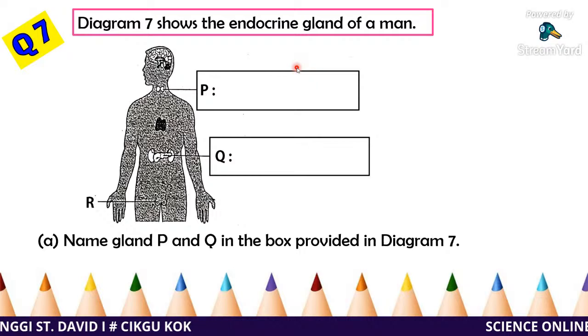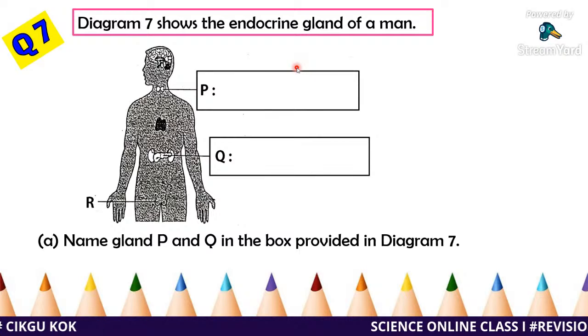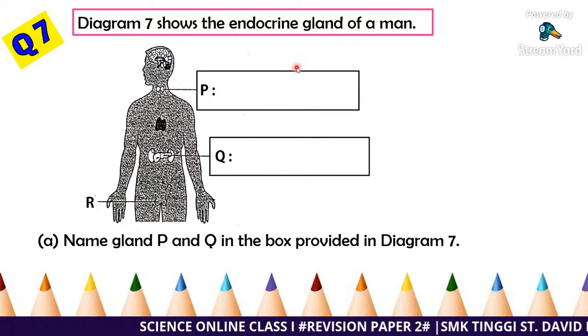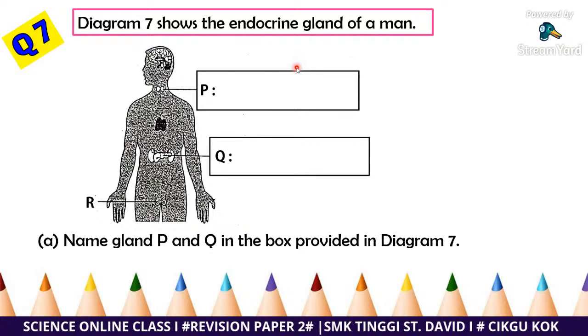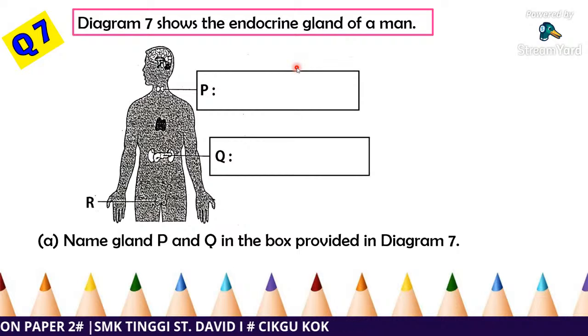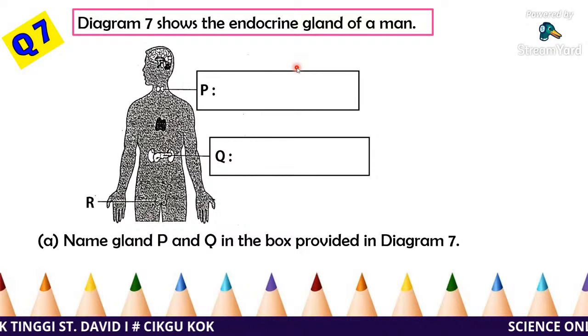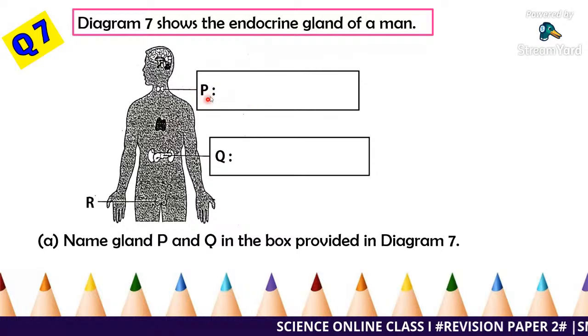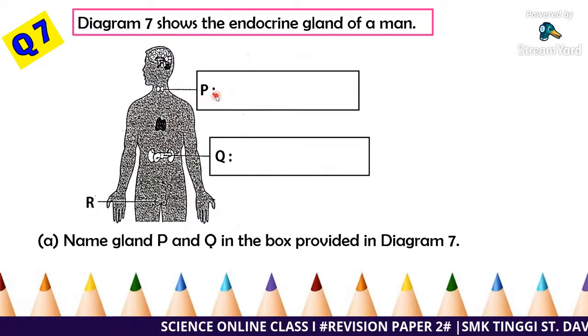We label in the diagram what a P is. Anybody can answer? P, what's the answer for the P?